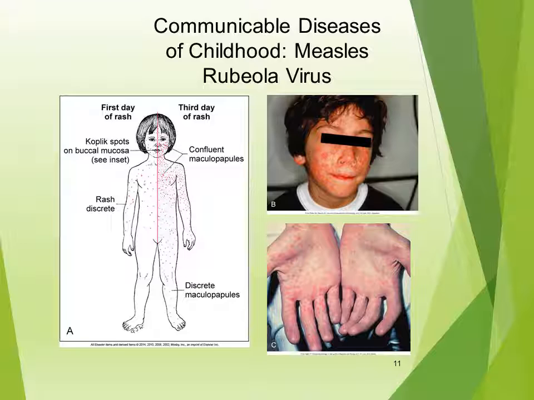For example, most Europeans had over the centuries developed some immunity to measles, so their mortality rate was not that high.